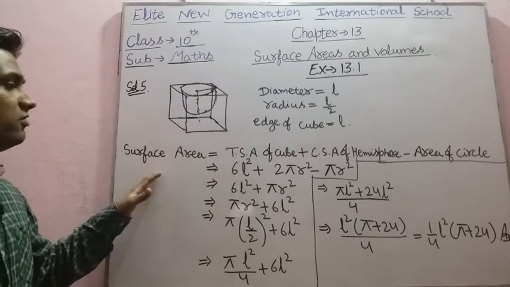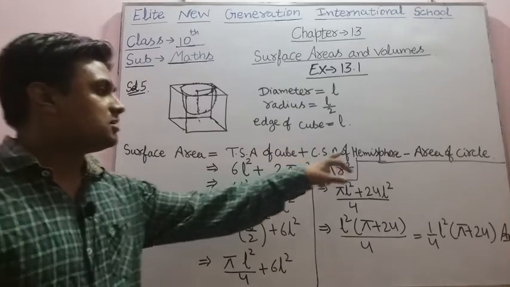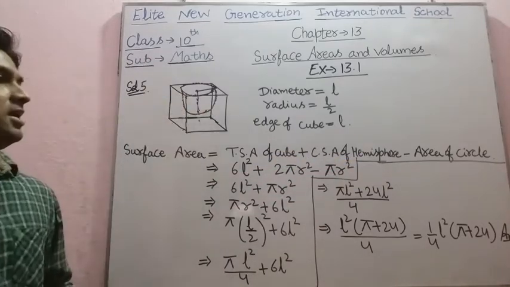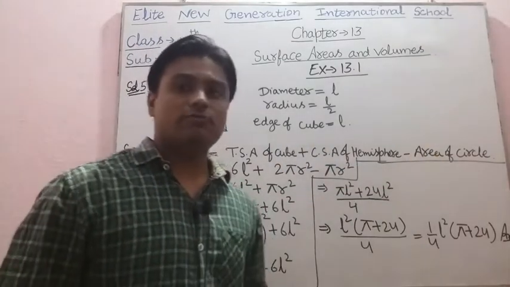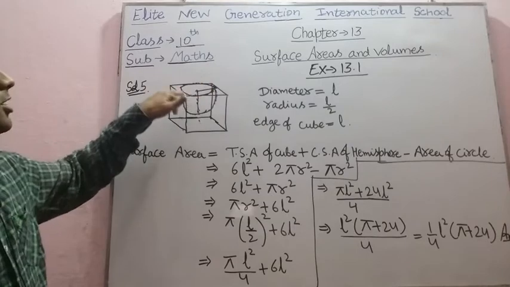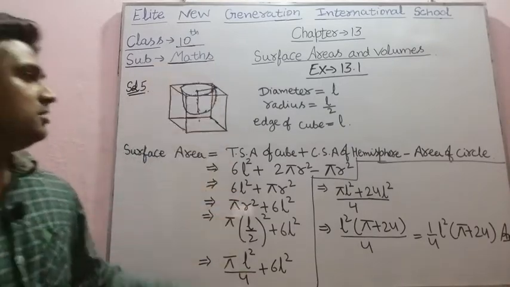So here we have to find the surface area of the remaining block. The surface area will be given by the total surface area of the cube plus the curved surface area of the hemisphere, because we are taking out this hemisphere, and minus the area of the circle. So we have to subtract the area of the circle also, because on the upper part this area of the circle will be deleted or subtracted.